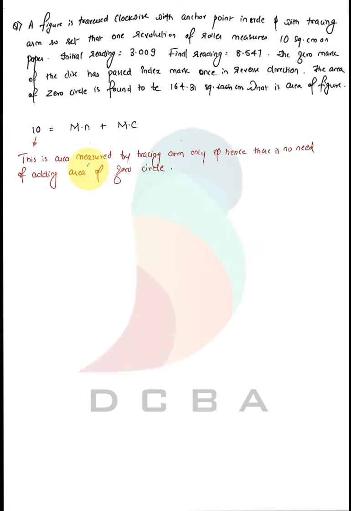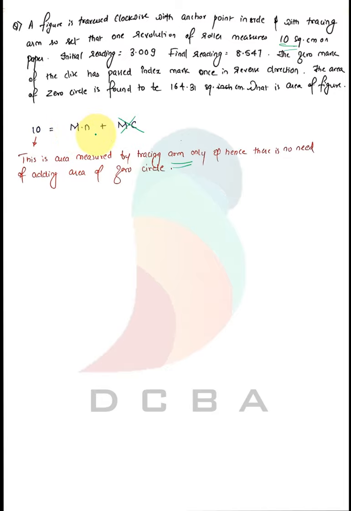So this is the area which is measured by tracing arm only, and hence there is no need of adding area of zero circle. So this MC won't come. Area is equal to Mn plus MC, but this MC won't come even though your anchor point is inside, because what they have given us is the area which is measured by the tracing arm.